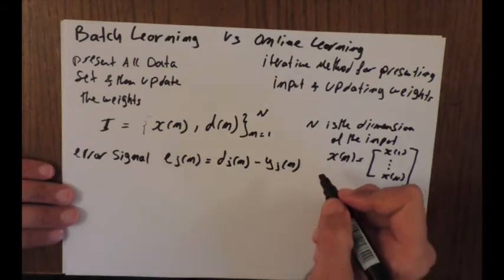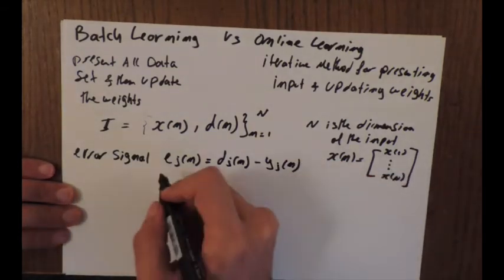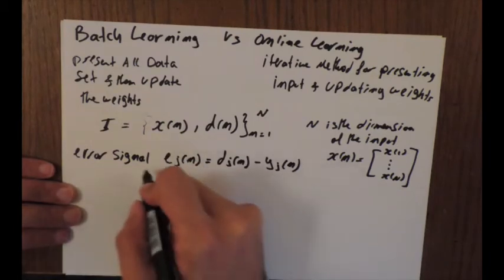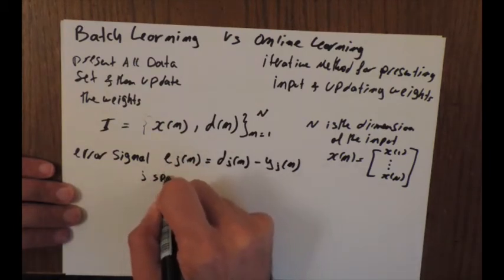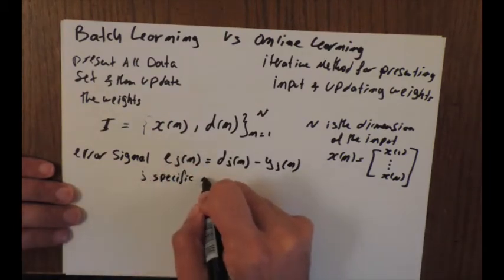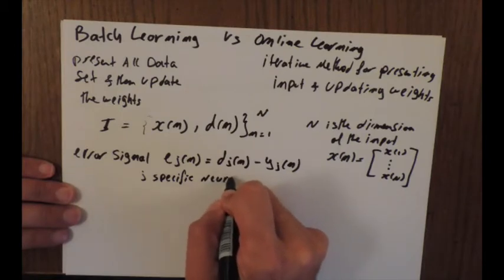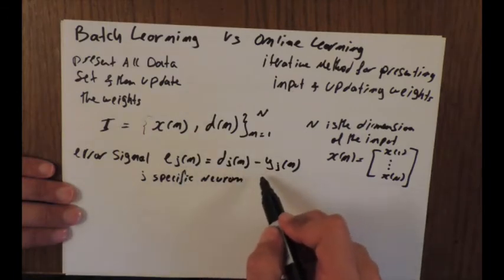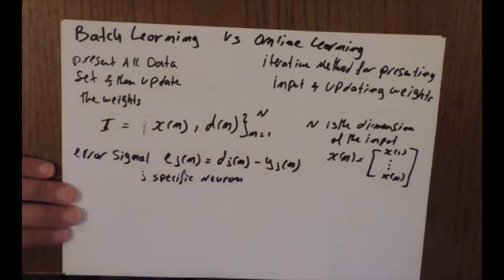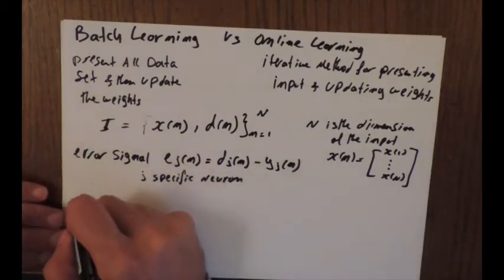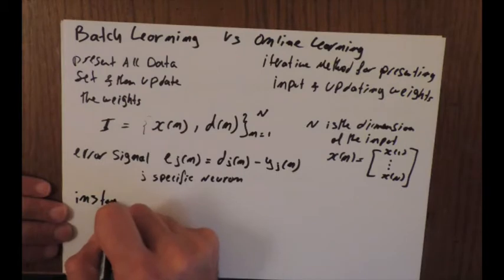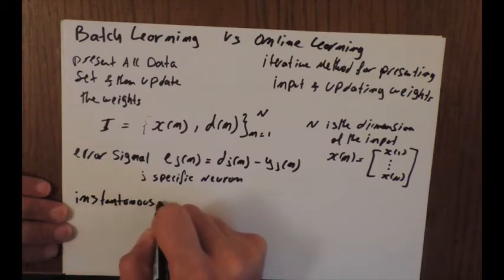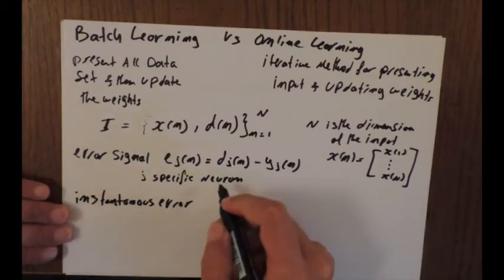Here j is a specific neuron. So the error e j of n is equal to d j of n minus y j of n. Now the instantaneous error is presented as follows.